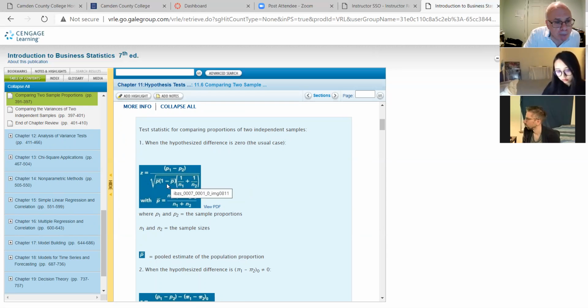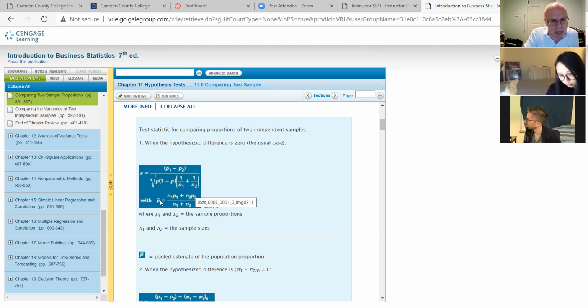It has a P bar above it. You see these P bars? It tells you what P bar is below it. This is pretty complicated, right? You calculate this P bar first, and the P's represent the sample statistic. So it gets kind of hairy with all of this.